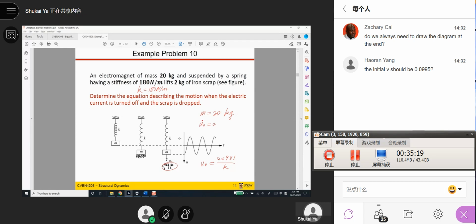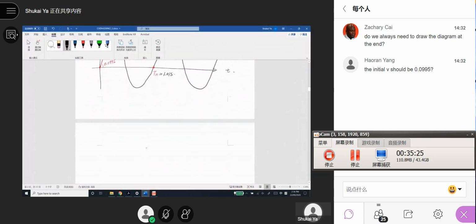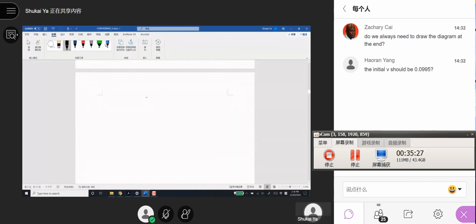Okay. If no problem, let's go to task 3. The free vibration of damped system.